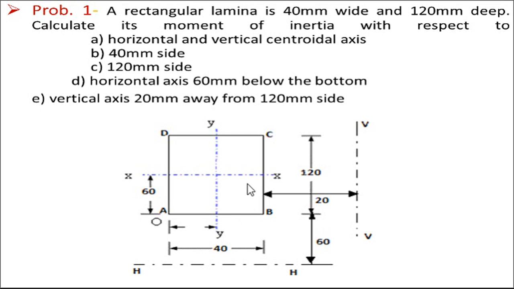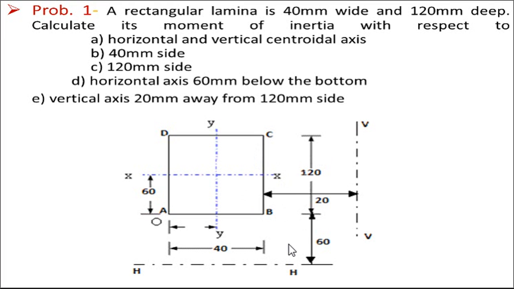So first we have to determine the vertical y-y axis and horizontal x-x axis moment of inertia. After that, at the edges of this section, the edge AB, the moment of inertia about this particular edge we have to determine, and at BC also.